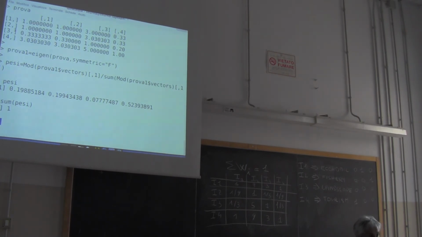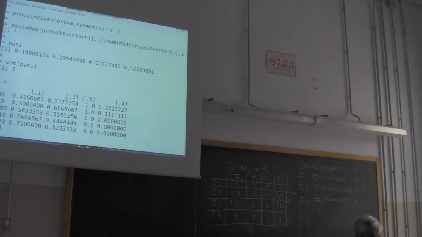So what will be the design flow that will be preferred, we still don't know, because remember that we have these utilities that have to be combined with the weights. And in particular, you see that tourism has a high weight, but the utilities are quite low for each of the alternatives.